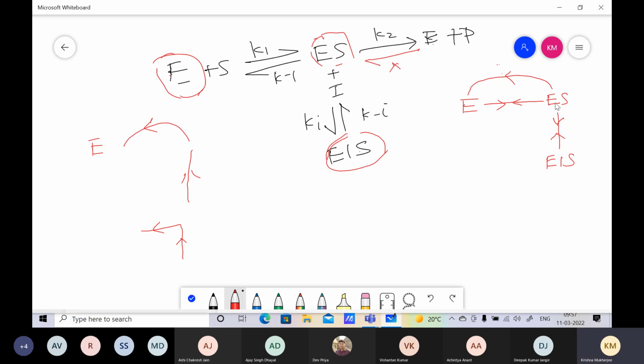ये है ही नहीं, तो ये कट ऑफ हो जाएगा. तो जब हम ES की बात करेंगे, when we talk of ES, what are the reactions? E का मैंने बात कर दिया, and I will write it later. What about ES? ES is this and this. Okay.